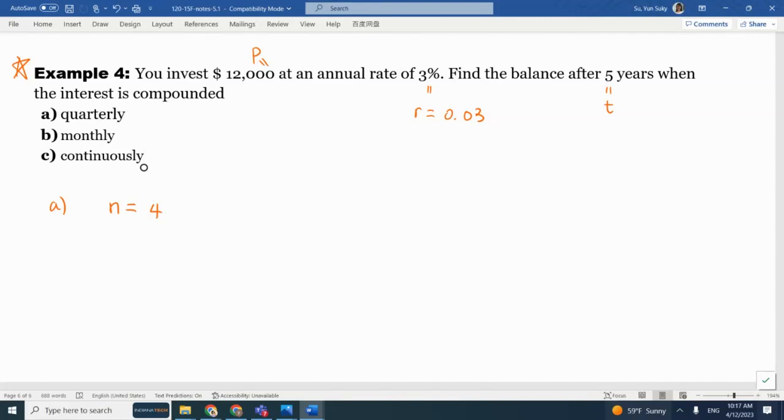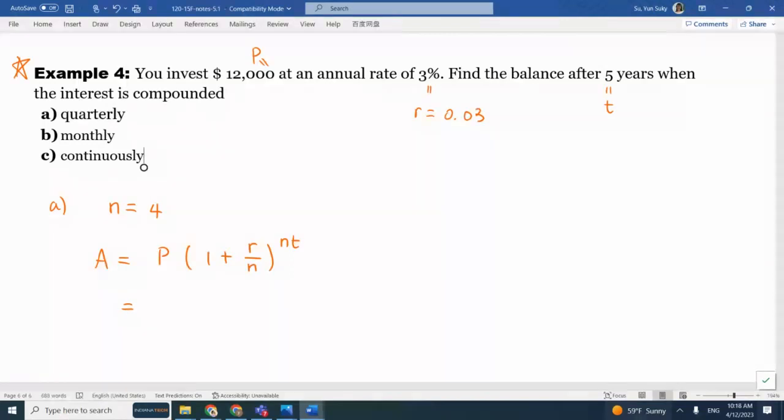What is the formula? A, the amount in the account, equals principal times (1 plus annual interest rate divided by n) raised to the power of nt. So this is the formula. Make sure you memorize this formula. Then we just plug in the numbers.